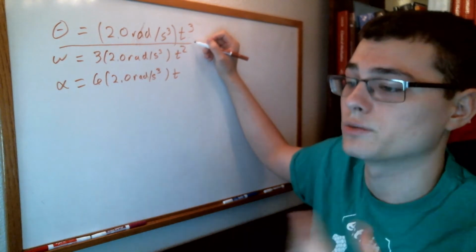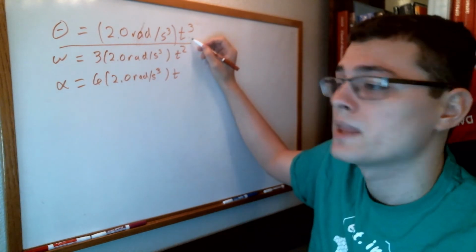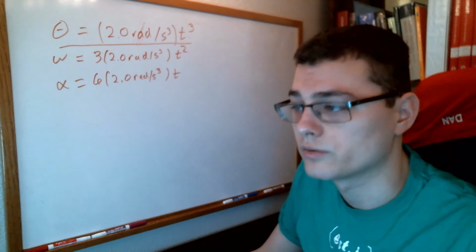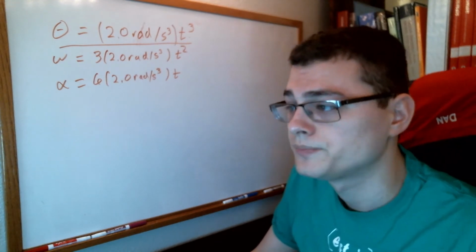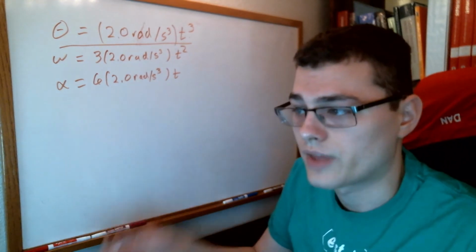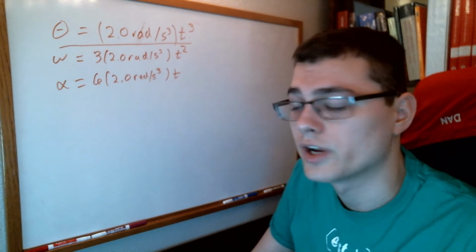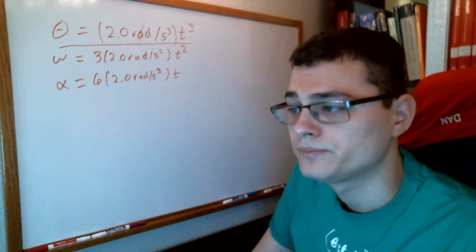We've already done that, so we already have these values in radians. Then you divide that by the time interval, which is 3 seconds in this case, and then you convert that answer from radians per second to revolutions per minute.